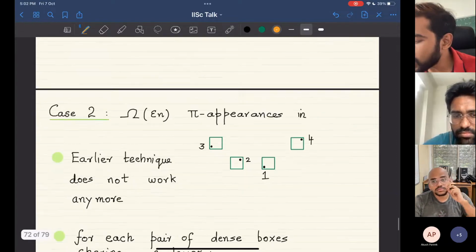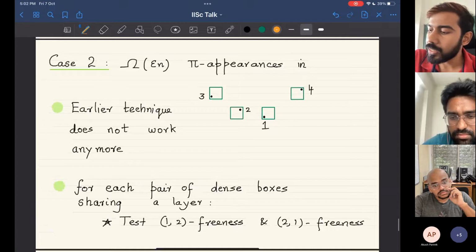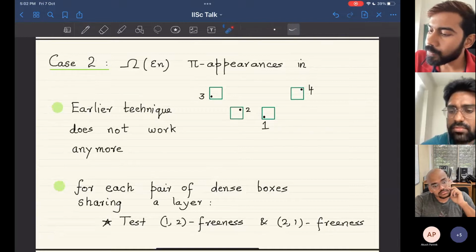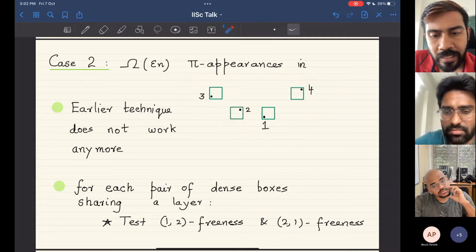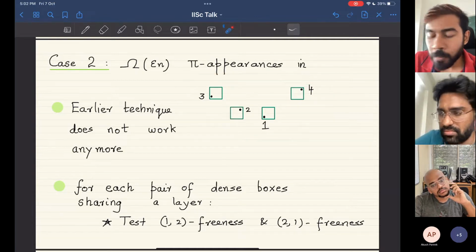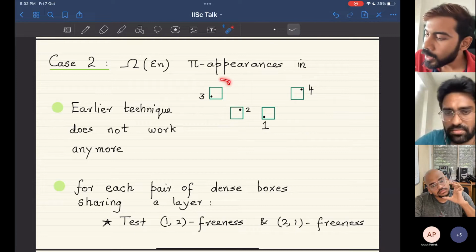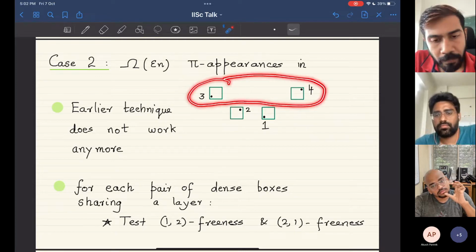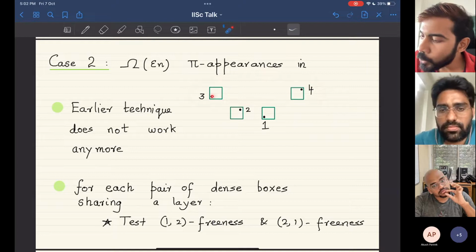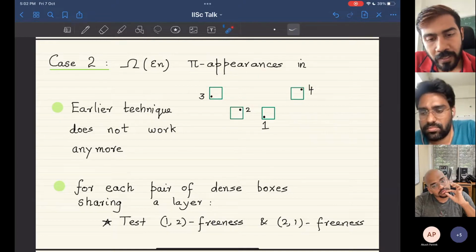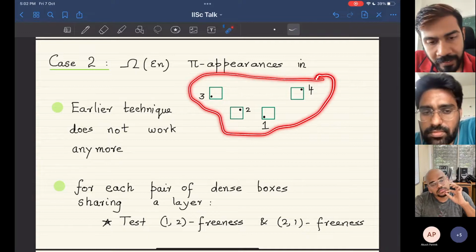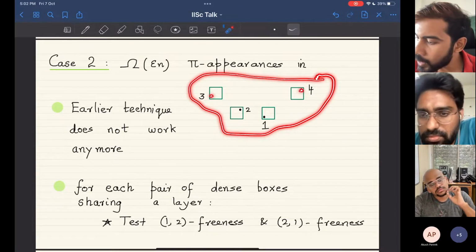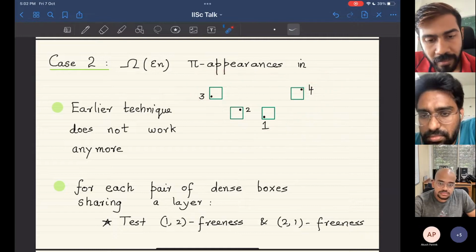But one thing I can mention is that if my configuration appears like this, then I should look at each pair of dense boxes and test for 1-2 freeness and 2-1 freeness, and then see if there are 4 boxes like this where there is a 1-2 appearance here and a 2-1 appearance here, and combine them to get the 3-2-1-4.